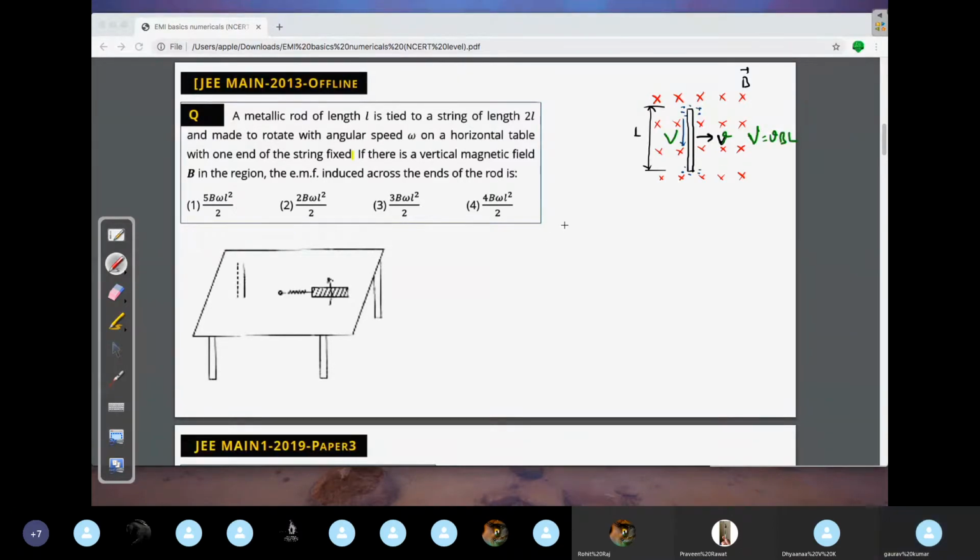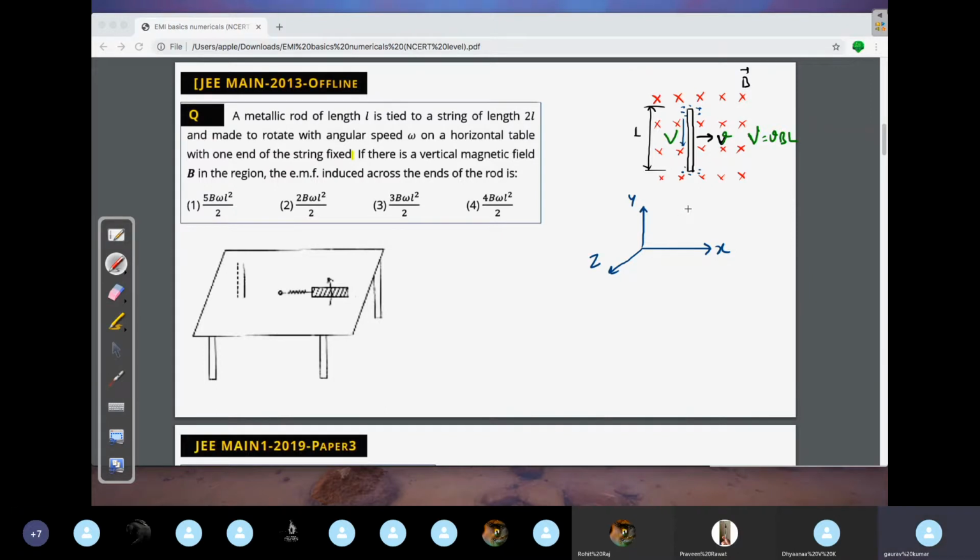Now I'll tell you a very, very important thing today. Always remember this diagram. Let's say x-axis, y-axis, and this is your z-axis.